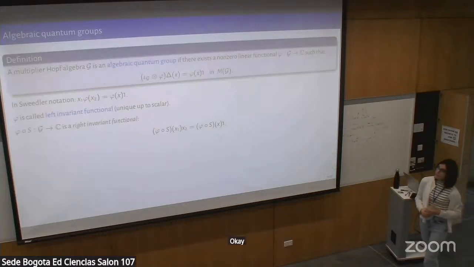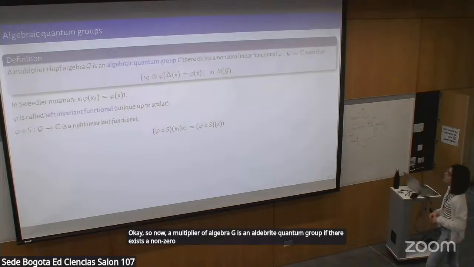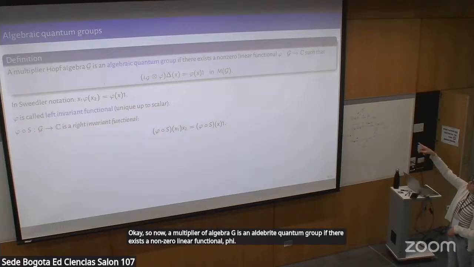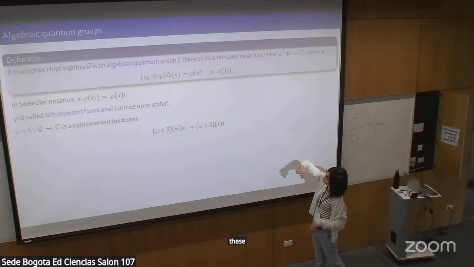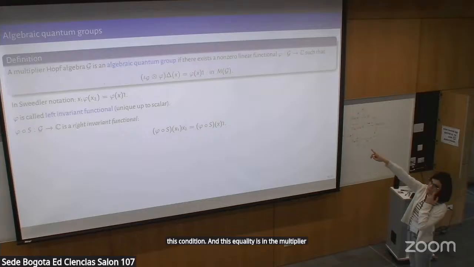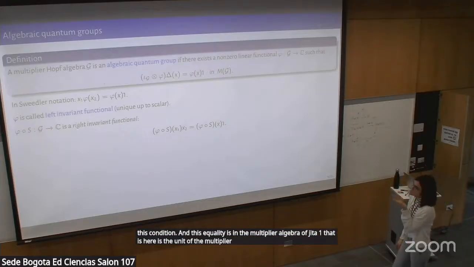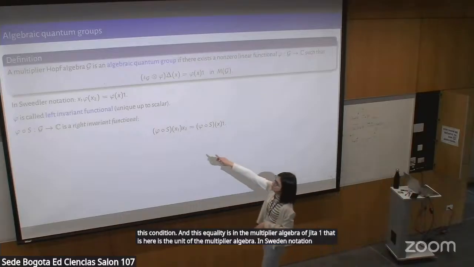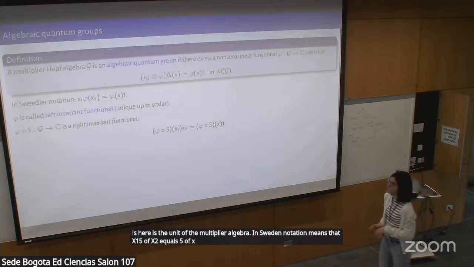Now, a multiplier Hopf algebra G is an algebraic quantum group if there exists a non-zero linear functional phi from G to the complex numbers that verifies this condition. And this equality is in the multiplier algebra of G, where the one here is the unit of the multiplier algebra. In Sweedler notation it means that x1 phi of x2 equals phi of x times 1.